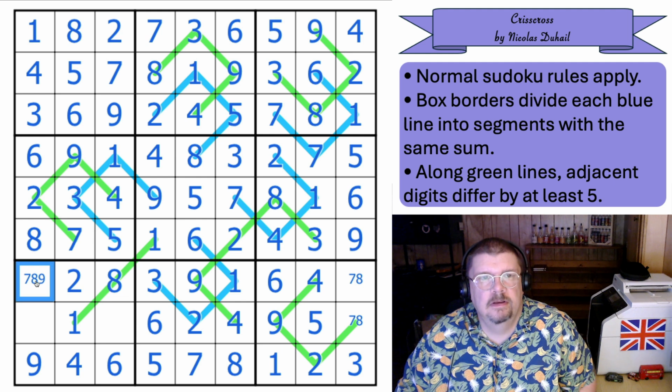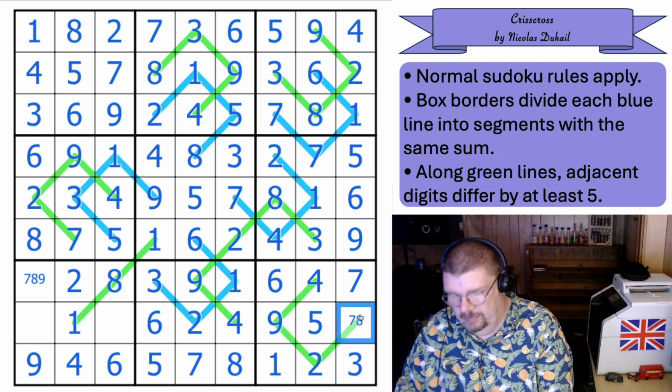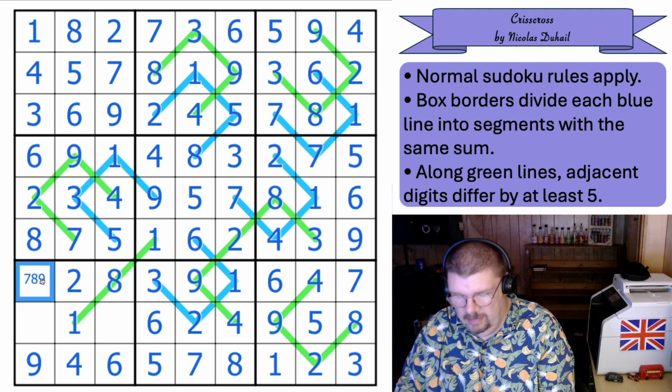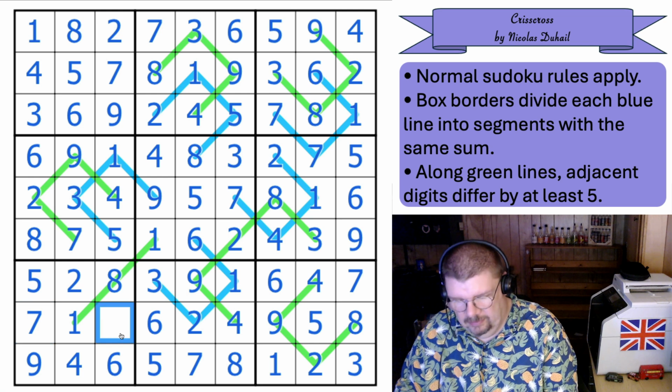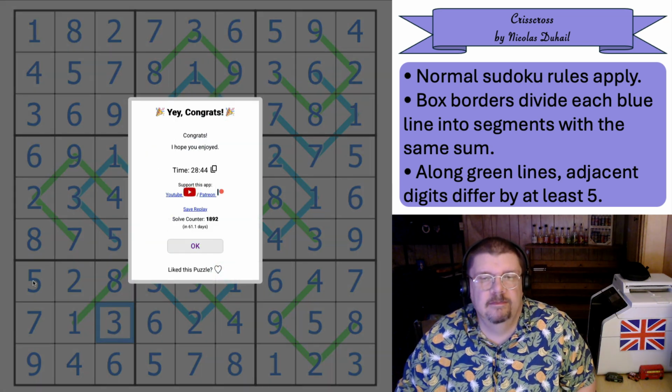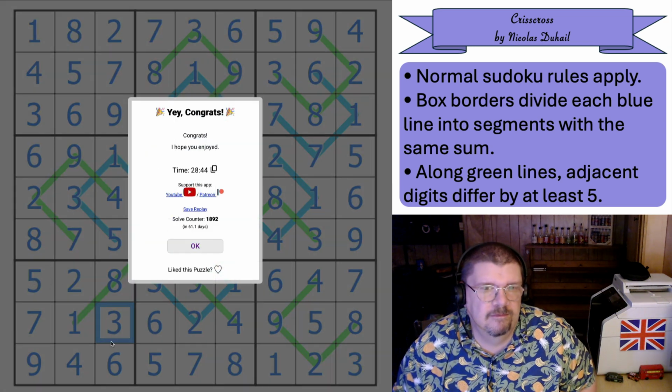Okay, I'm missing a 5 candidate here. That 8. That's going to be 7. That's 8. That's a 5. And now I have 3 and 7. That's a 7 and that's a 3. Missed a candidate, but I figured out the error.